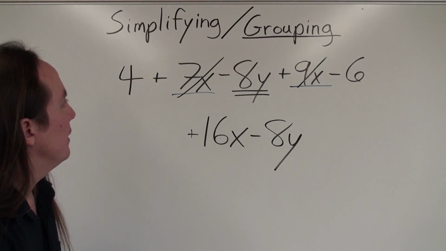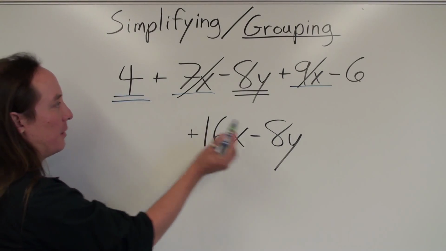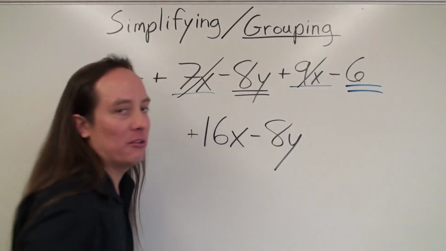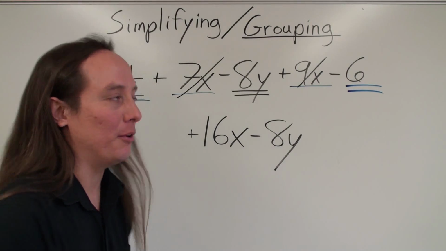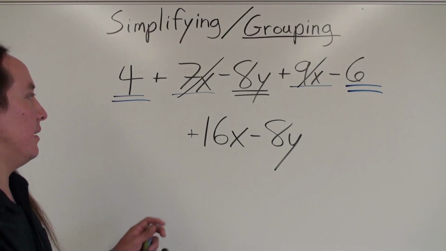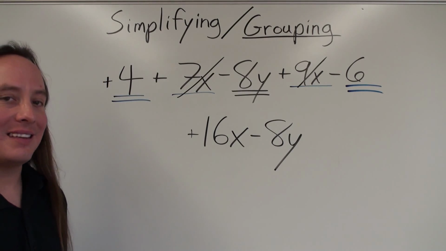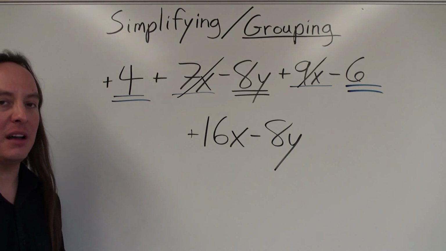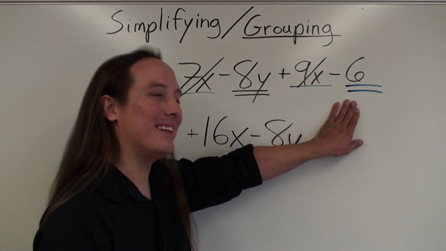There's nothing to do with that one. All right? And the last terms that I have are these terms that don't have variables on them. They're just numbers by themselves. This is exactly like elementary school at this point. All we're going to be doing is, this is a positive. Remember, if a number or a term doesn't have a sign to its left, it's a positive, okay? Now I have plus 4 here, minus 6 here.